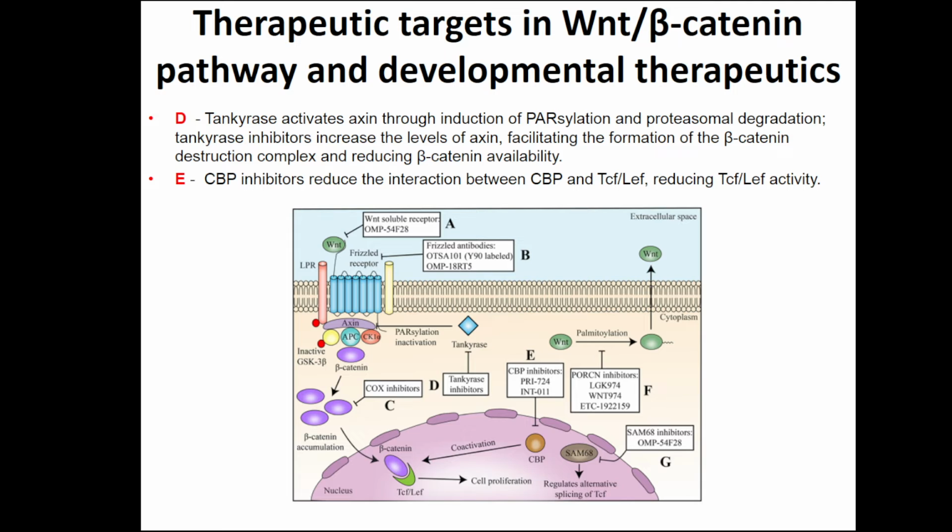Example D, it is tankyrase inhibitors. To activate the phosphorylation enzyme for separating beta-catenin, we need that tankyrase enzyme, which activates the next enzyme again in active shape.